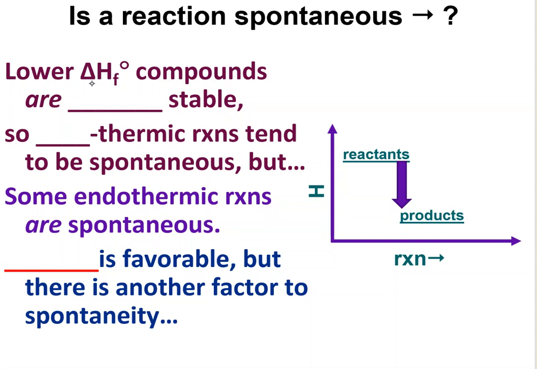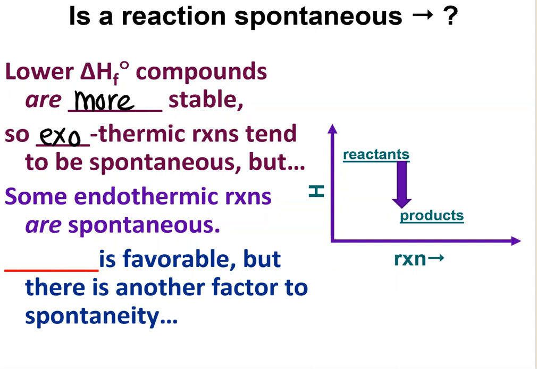The compounds that have a lower heat of formation are more stable. So we might expect for those, when they go to a more stable state, you might expect that to be favorable because we always use the ball on the hill. So we would expect exothermic reactions to be spontaneous, but there are some endothermic reactions that are spontaneous.